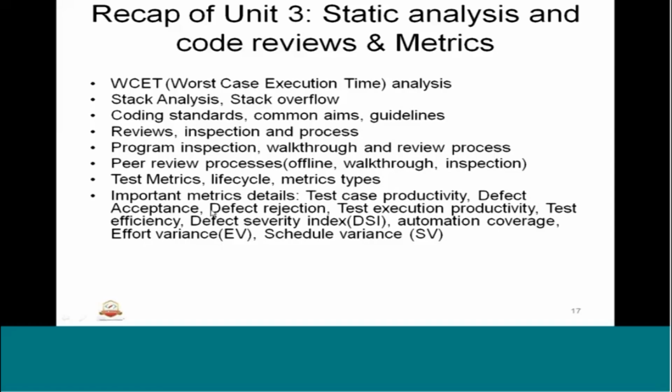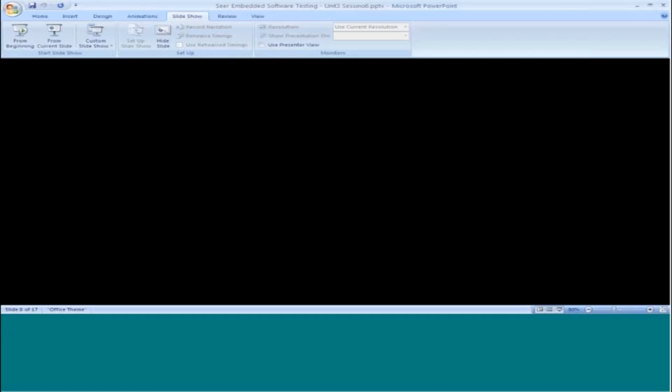We also touched on important metrics details: test case productivity, defect acceptance, defect rejection, test execution productivity, test efficiency, defect severity index, automation coverage, effort variance, schedule variance. These are some of the important metrics that we spoke about. With that we come to the end of unit 3. We will start the next unit, which is software integration, in the next session.